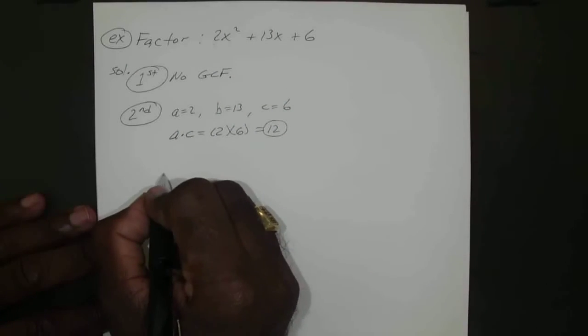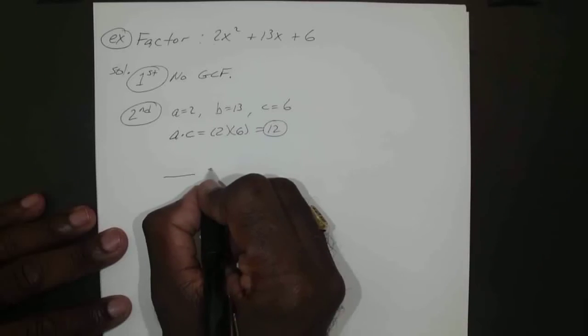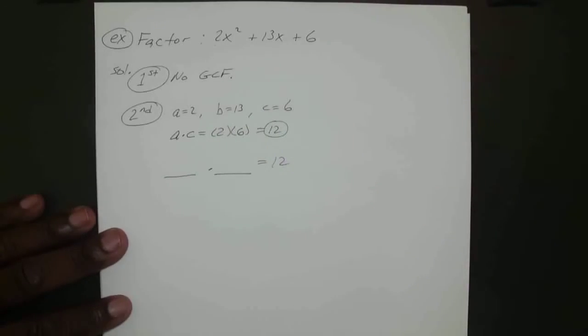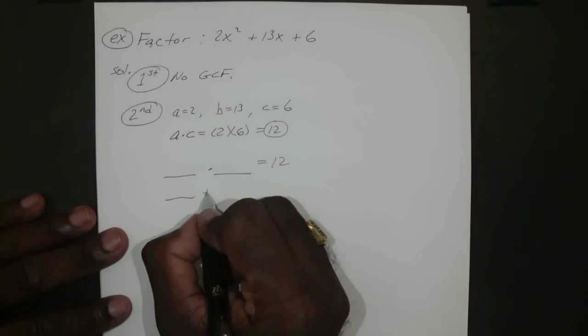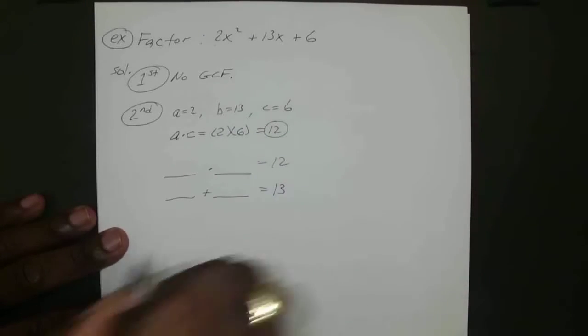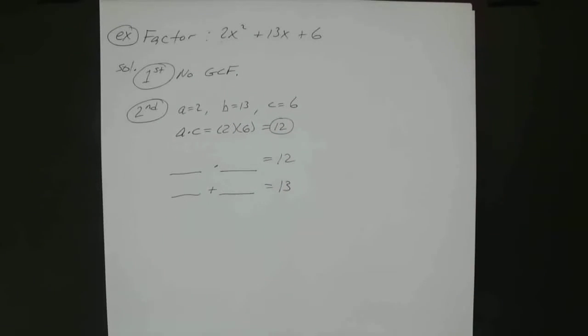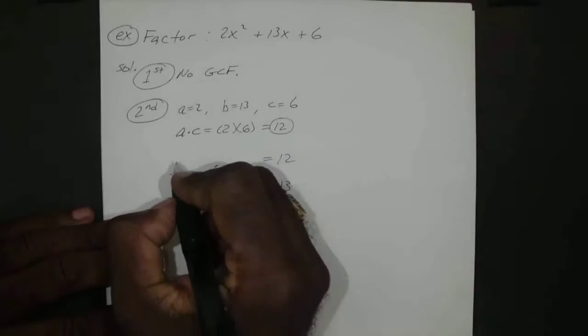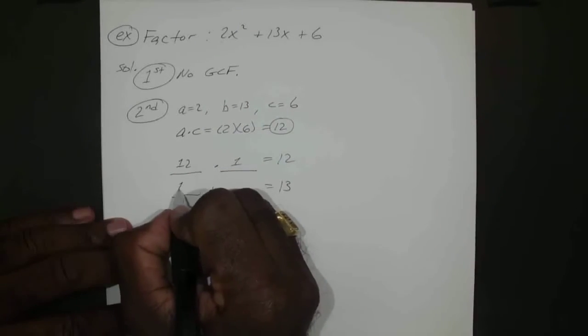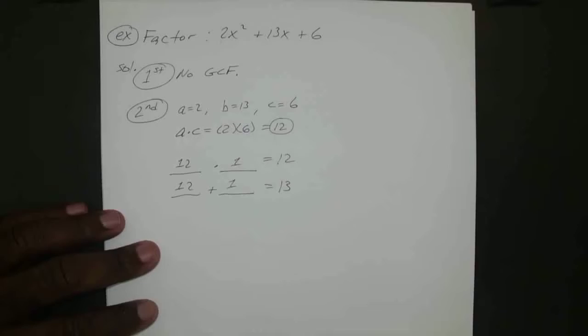So that means we have to find two numbers that multiply to equal your A times C, and those same two numbers add to equal your B, which is 13. Okay. Any ideas? 12 and 1. Yep, 12 and 1. So you have 12 times 1 is 12, and 12 plus 1 is 13.